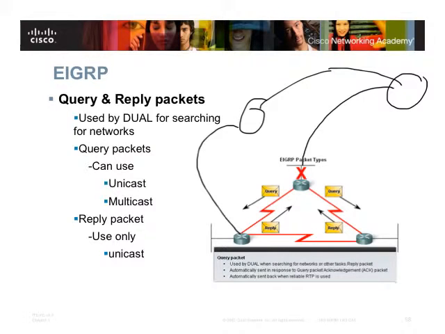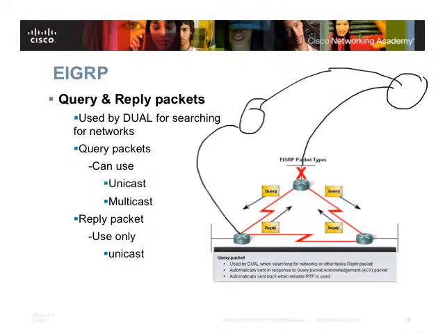It's like this router queries the network to search for a loop-free route to this network, because it knows that it's no longer connected to it, but it's maybe indirectly connected to this network through another router. Okay? So there is a protocol called DUAL, or diffusion update algorithm, which is used to search for a specific route. This is like creating an on-demand route for a particular network. Okay?